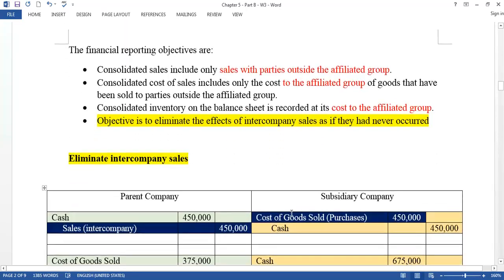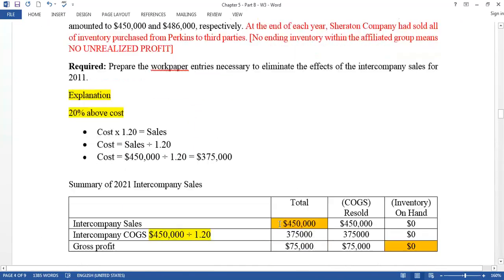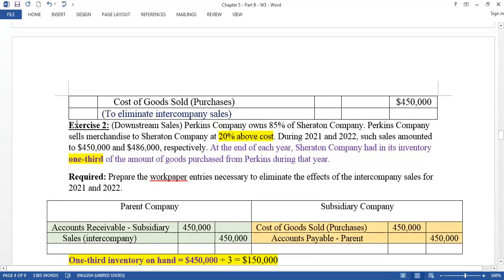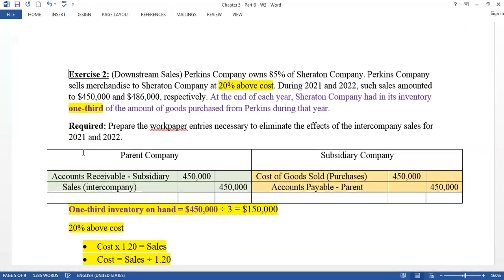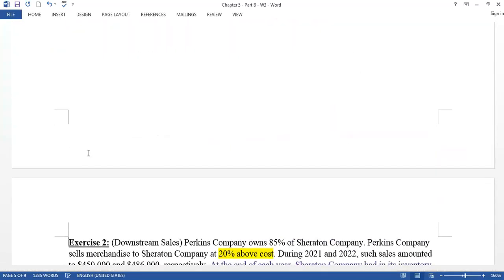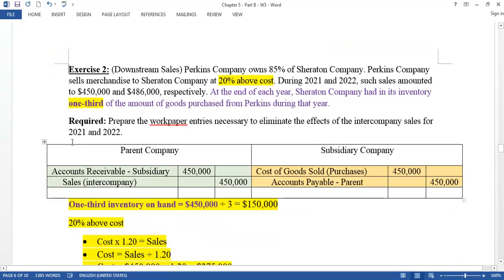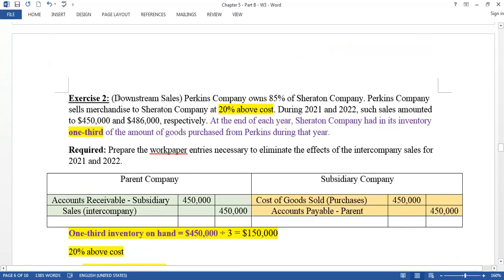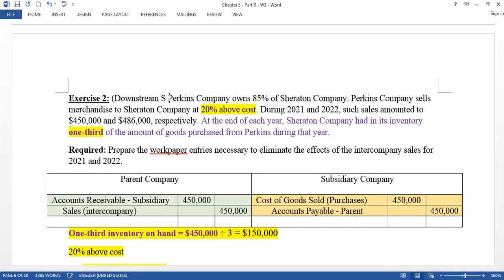But in exercise 2, if you read exercise 2, then we may have unrealized profit. Let me read this question. Exercise 2 is downstream sales. Maybe your question won't have this kind of hint.